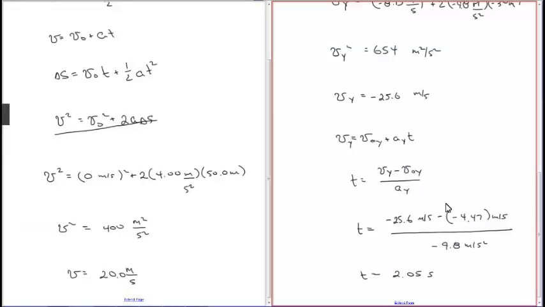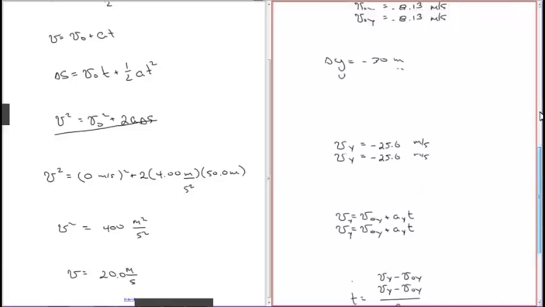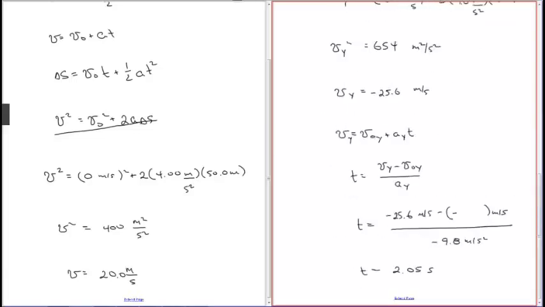So this was 8.13. So we have negative 25.6 plus 8.13 divided by negative 9.8, which is 1.78. Okay, that's it. 1.78 seconds.